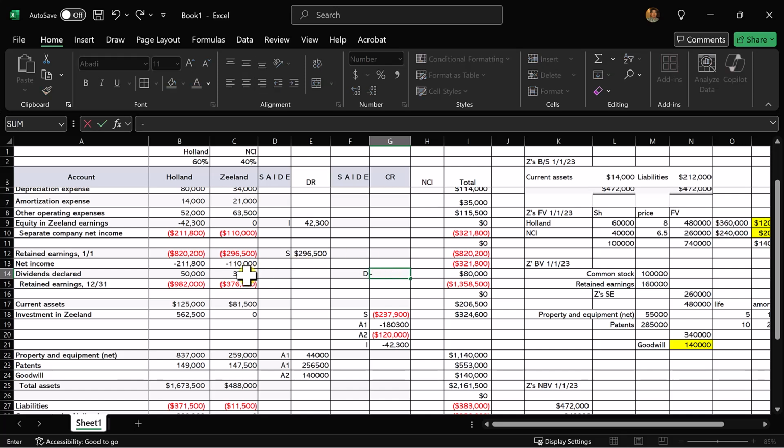I'm going to take all of this 30, but only 60% of it. And then the rest of the 30 goes in this column. So I'm going to take, that's a debit though, positive, so equal the 30 plus this 18.